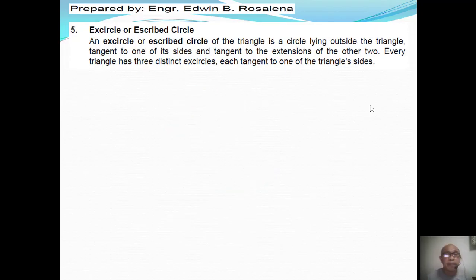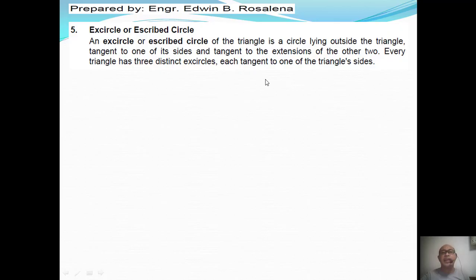Okay, so we have the excircle or exscribed circle. An excircle of the triangle is a circle lying outside the triangle, tangent to one of its sides, and tangent to the extensions or the prolongations of the other two.